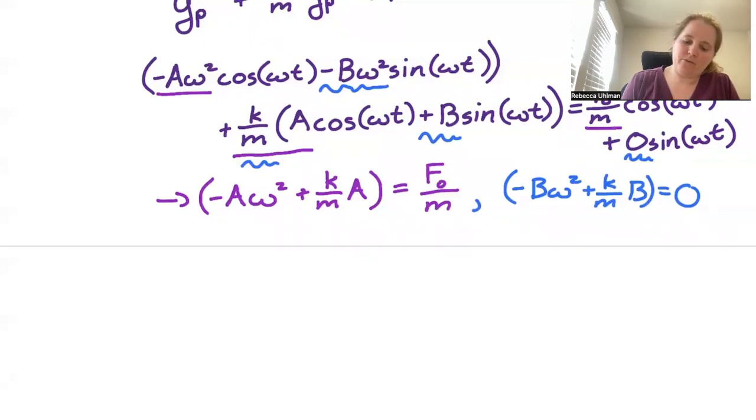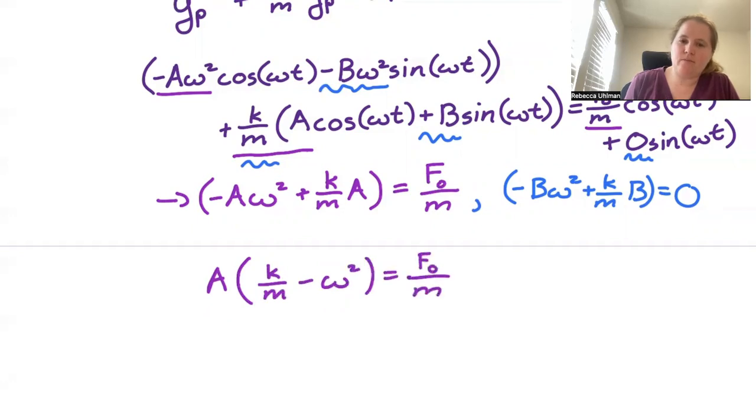So if we go about factoring out our a, we're looking at a times k over m minus omega squared equals f naught over m.